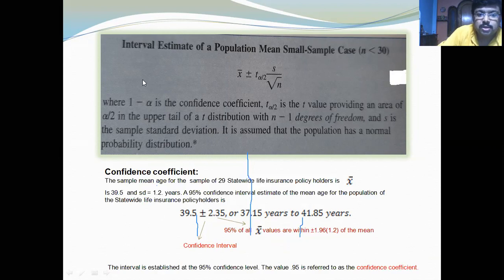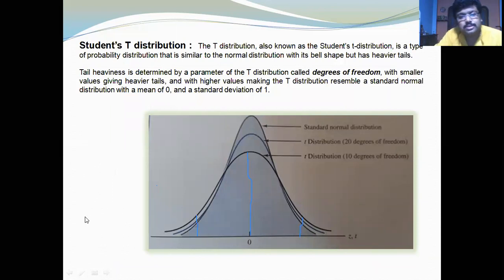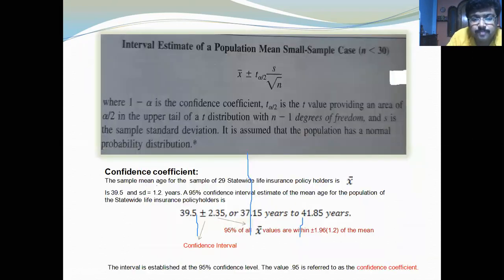Okay, so this is the t distribution. In this lecture I tried to cover what is the Student's t distribution, where the difference exists between the normal distribution and the Student's t distribution, when the Student's t distribution becomes the standard normal distribution, what is the role of degrees of freedom, what is the alpha, and what is the sampling error, with an example of a statewide life insurance policyholder.